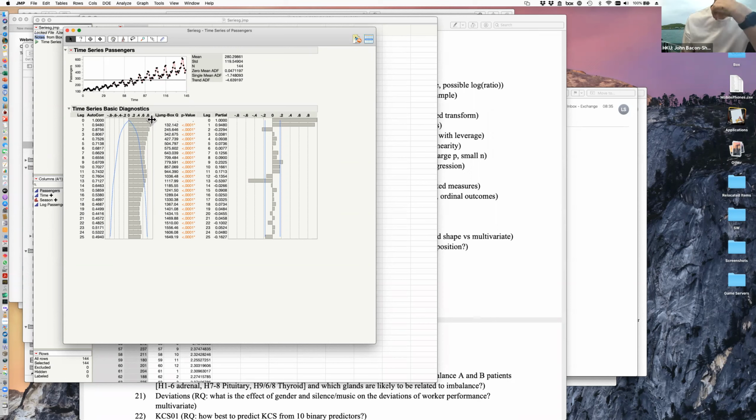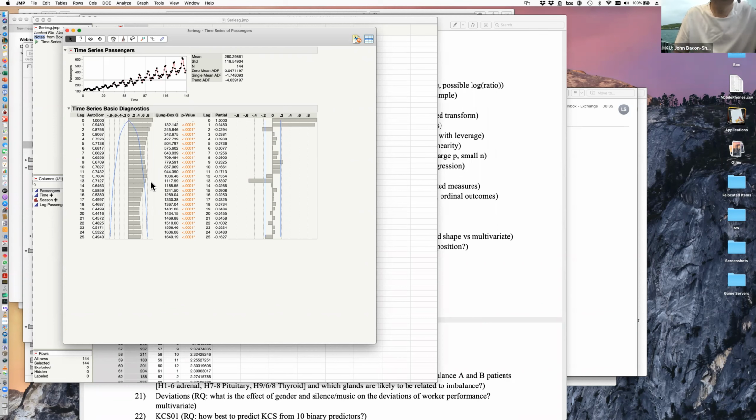And you can see this starts to decrease with time, but then it comes up to a peak again at a lag of 12, meaning time points 12 time units apart have a stronger correlation than any of the intermediate ones. That should tell us there probably is a seasonal pattern here.